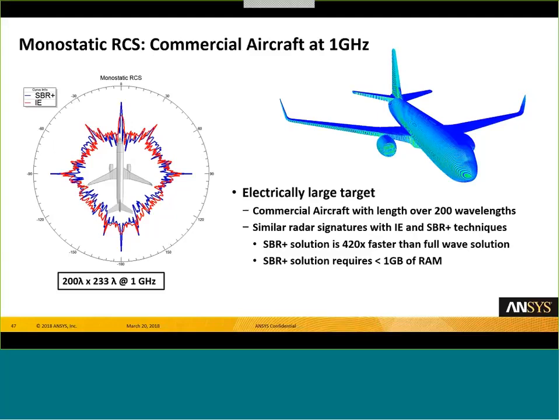So this comparison shows really, really good agreement, as most of those features are electrically large, and you're kind of getting out of the issue of the mixed electrical size. And again, you compare the SPR plus solution, that's 400 times or more faster than the full wave solution, and it's only taking about 1 gigabyte of RAM.